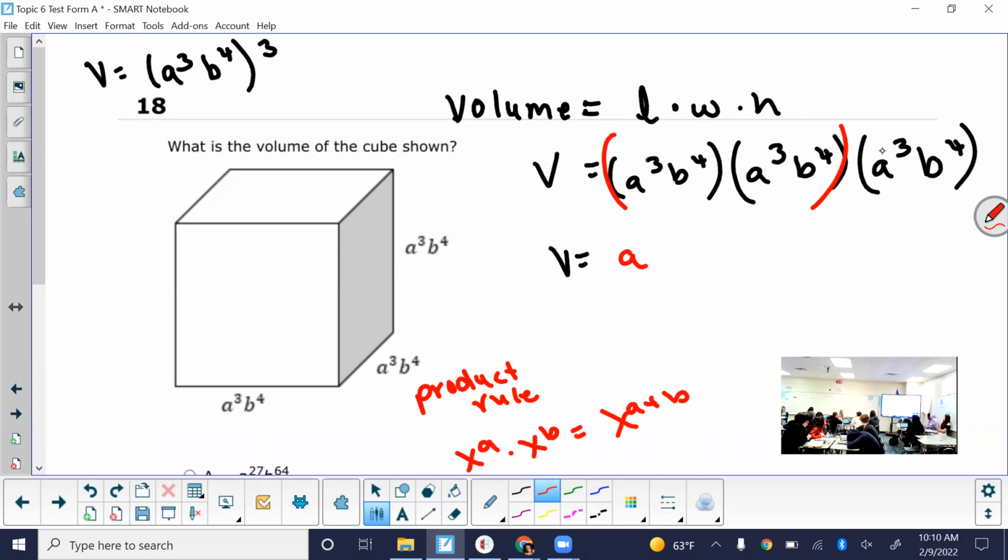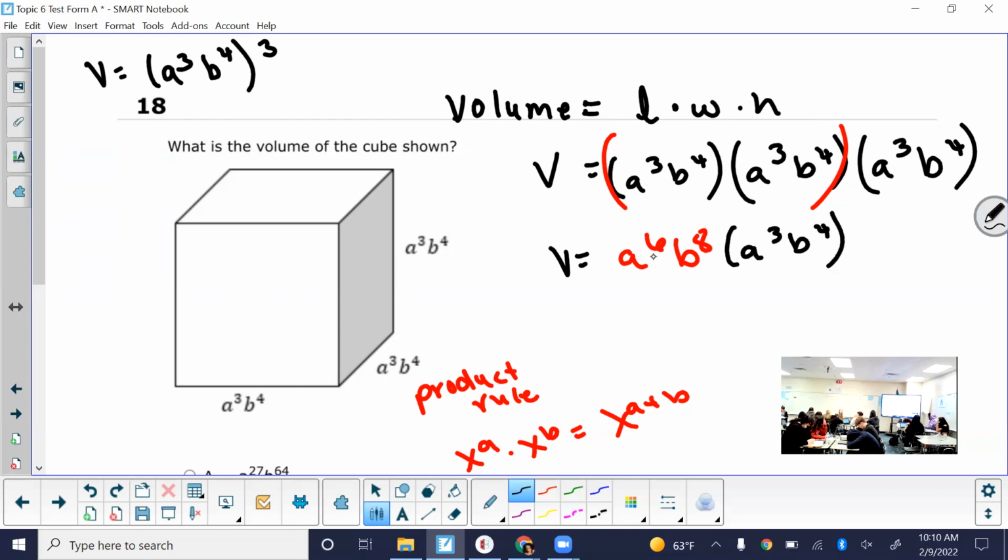So if we're solving like this, we add the exponents. So a cubed times a cubed gives me a to the 6th. B to the 4th times b to the 4th, 4 plus 4 is 8. And then bring down that other a cubed b to the 4th.